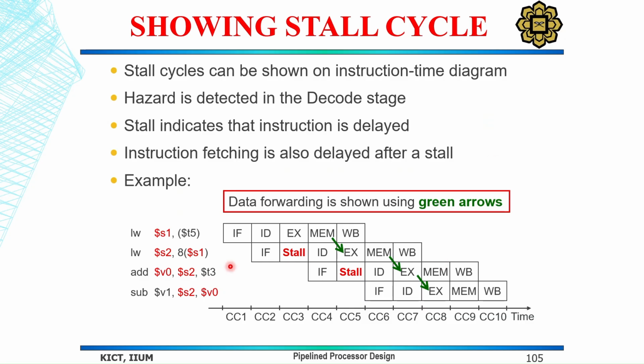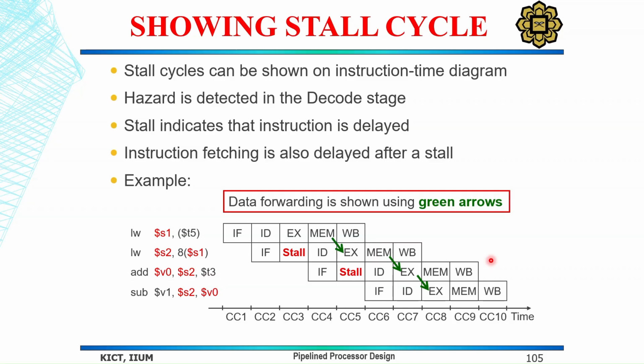So forwarding depends on the instructions. For a load instruction, the result is available when you read out from data memory, so the forwarding comes from the memory stage. For an add instruction, the result is available when you do the ALU execution, so the result is available at the end of the execution stage.